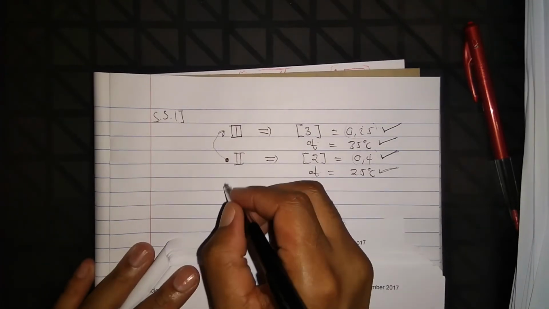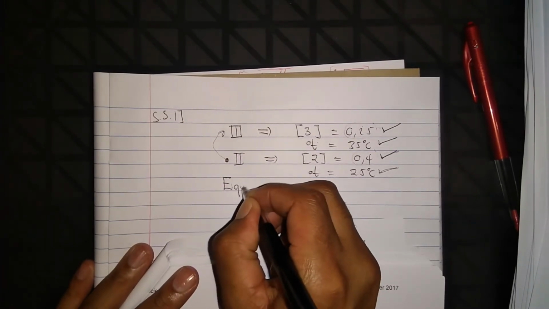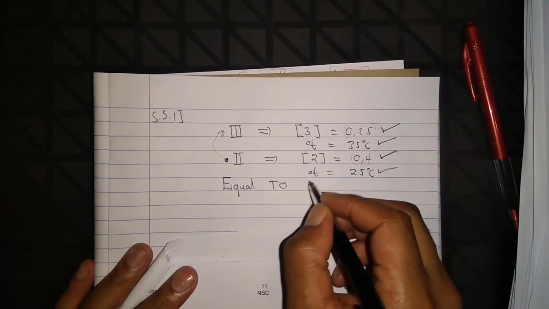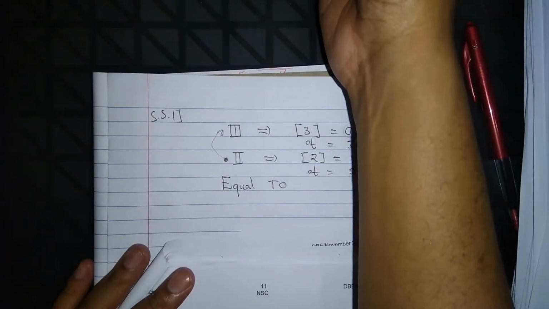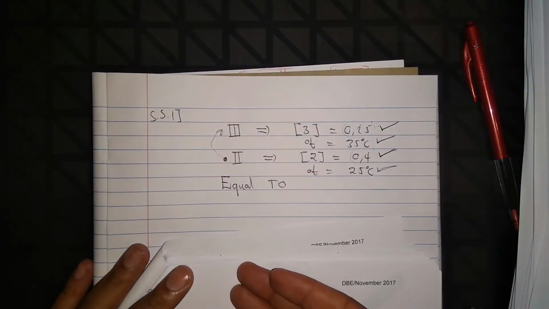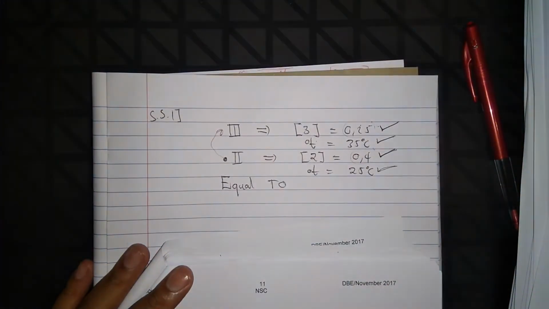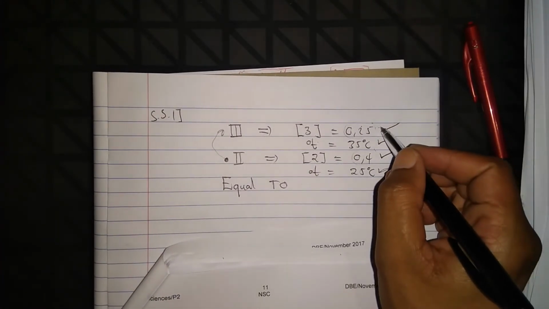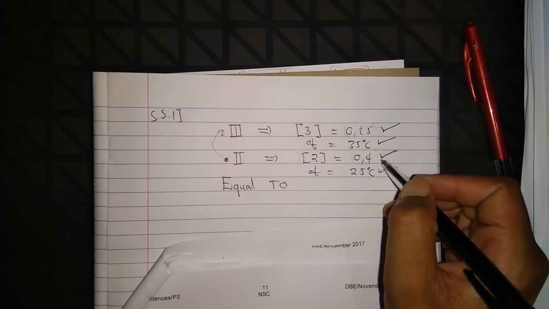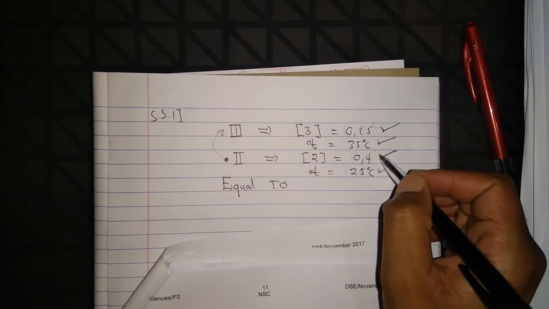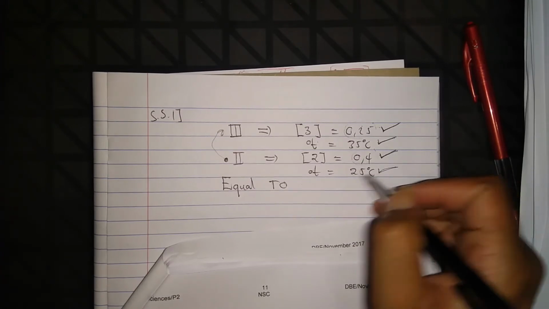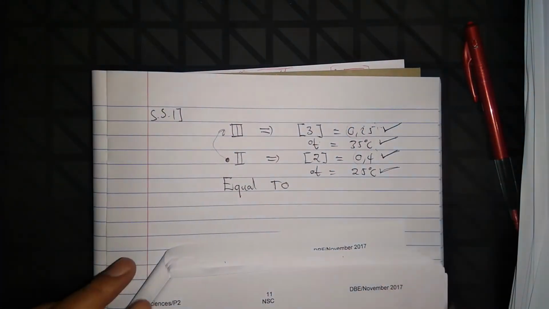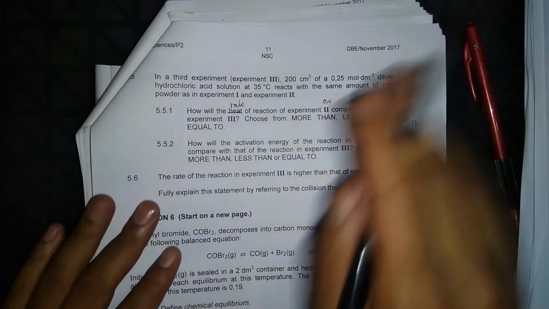So therefore there's actually no change. The reaction rate will be equal, because what is lower in one thing is compensated by something else. There's a balance here. Low in concentration but high in temperature, high in concentration but low in temperature. So therefore the reaction rates are equal because in experiment 3 we have a compensation of a higher temperature.